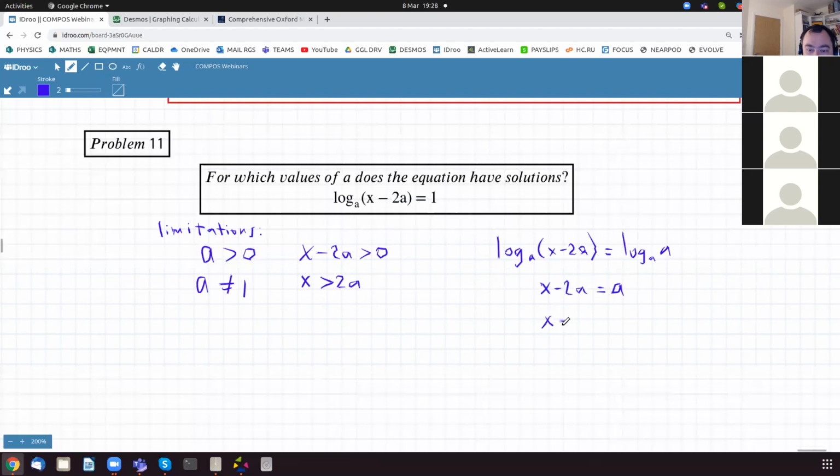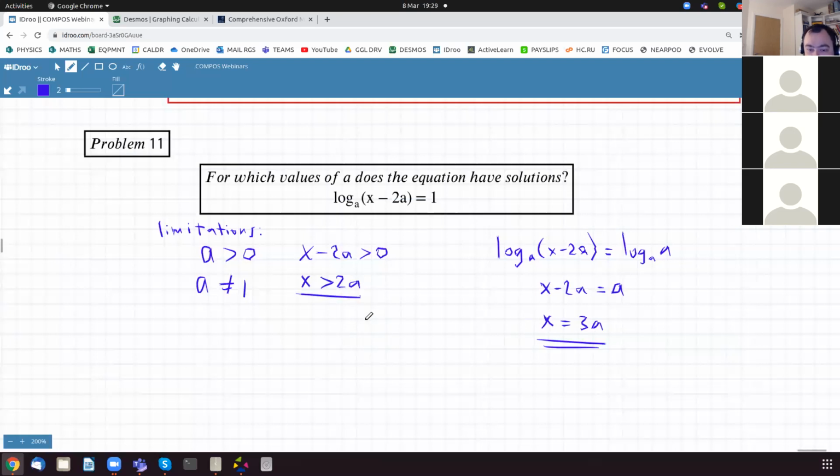So x is 3a. But a is positive, so that means x is positive. Okay. And x is 3a, and 3a is definitely bigger than 2a. So this only solution satisfies this limitation. Satisfies this because a is positive.